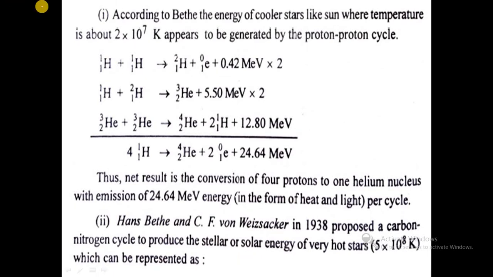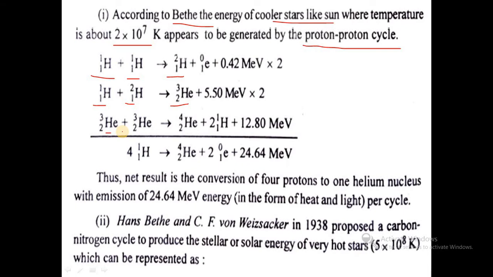The first example is, according to the scientist Bethe, the energy of cooler stars like the Sun, where the temperature is about 2 into 10 raised to 7 Kelvin, appears to be generated by the proton-proton cycle. Here protons combine and we get a deuteron. Then proton and deuteron combine and we get tritium.